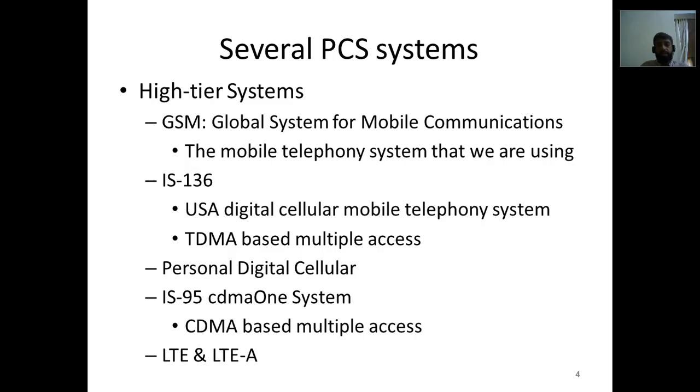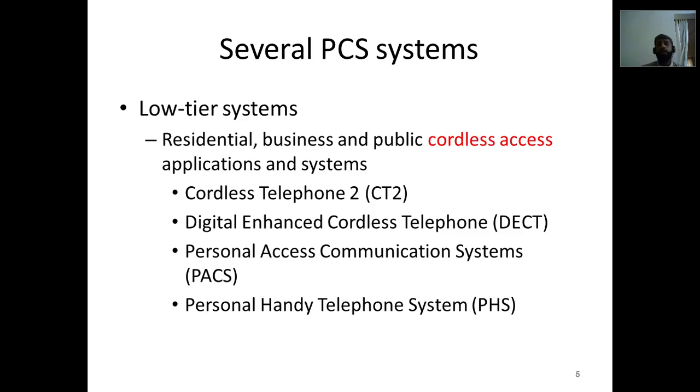High tier systems are those which provide a variety of different services and mobility over larger areas. For example, GSM systems, IS-136 and other cellular systems provide communication over a larger area, and provide relatively more flexibility to the user as compared to the low tier system, which generally provides connectivity to a relatively smaller area with some limited functionality.